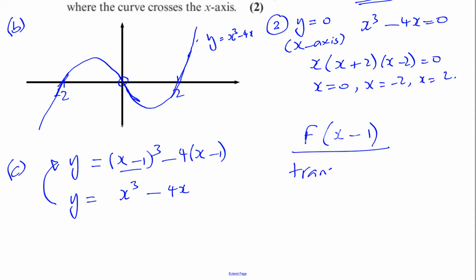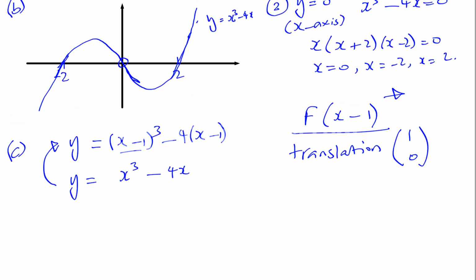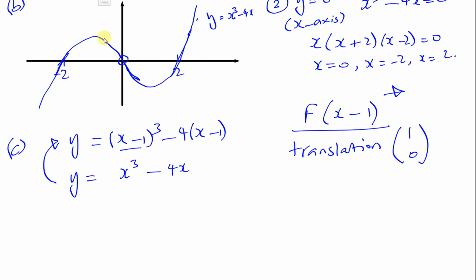A translation of one unit to the, remember it's inside the function, it's opposite, so it says minus 1, it's 1 unit to the right. So it's a translation of (1, 0) of this curve. The x values you add 1 to, and the y values are the same, they don't change. So all you have to do is redraw the same graph, but just shifted to the right slightly.